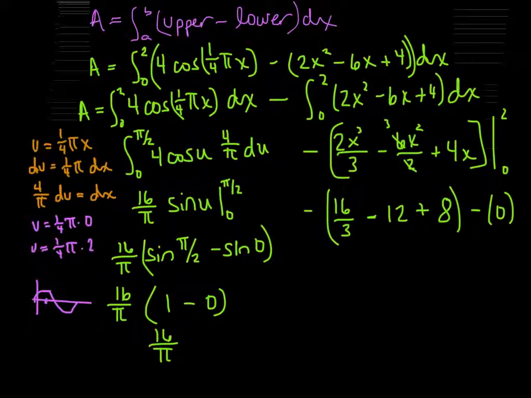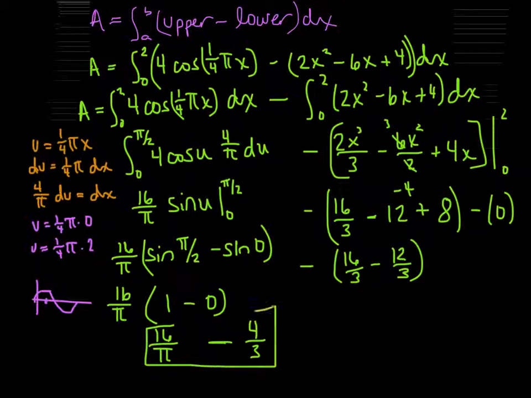So minus, let's see here, negative 12 plus 8 would be negative 4, which with the denominator of 3 would be negative 12/3. So I'm going to have 16/3 minus 12/3, which is going to give me minus 4/3. And so my final answer for this part A is 16 over pi minus 4/3.